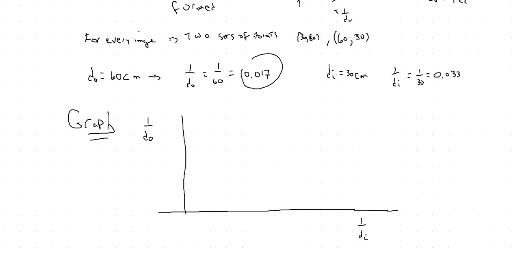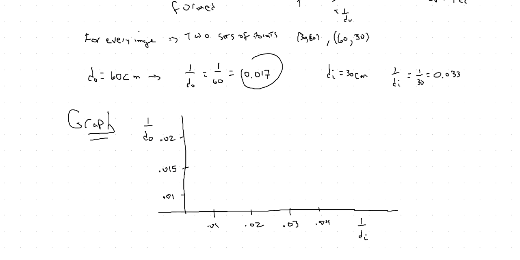Suppose this is 0.01, here is 0.015, and here is 0.02, whatever. And again, I'll do something like this: 0.01, 0.02. I'm just doing this quickly, so forgive me. 0.03, 0.04.